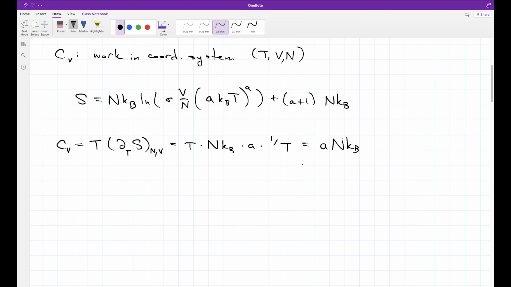Good. Now, we had mentioned in the last video that CV can also be computed in a slightly different way. Because t is the partial of, well, I should say t inverse. Let's back up a little bit. T inverse is equal to partial u of s, fixing n and v.